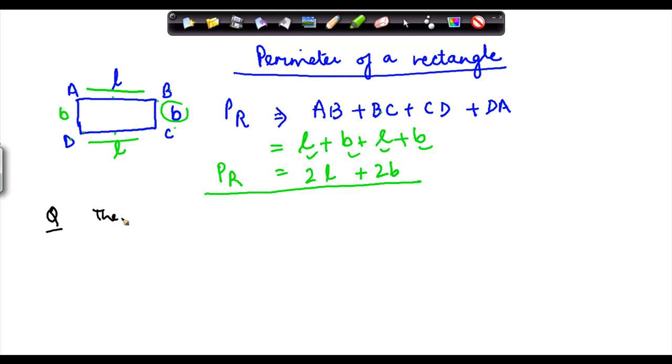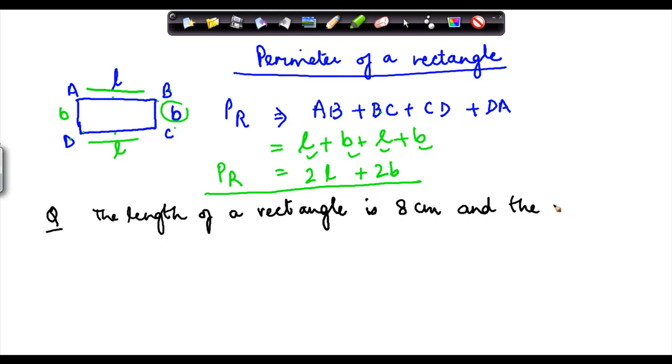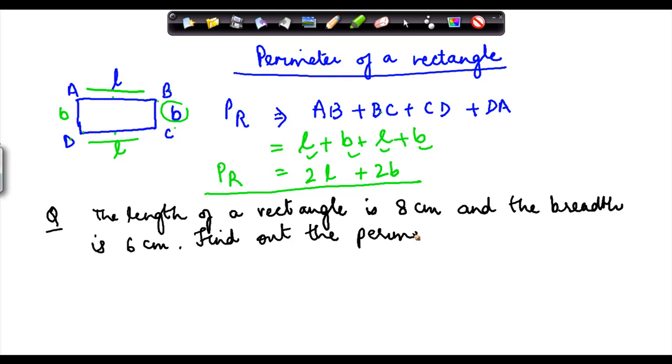The length of a rectangle is 8 centimeter and the breadth is 6 centimeter. Find out the perimeter of the rectangle.